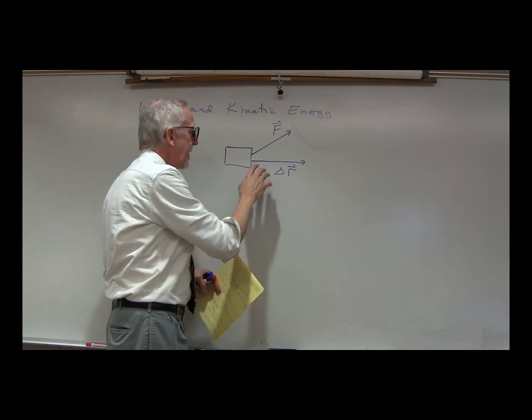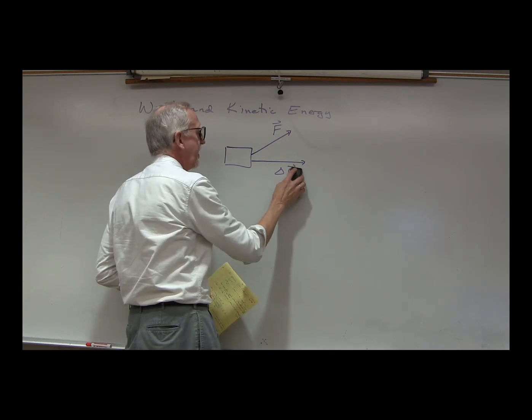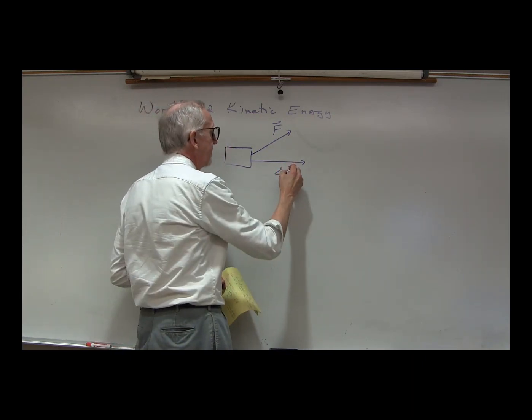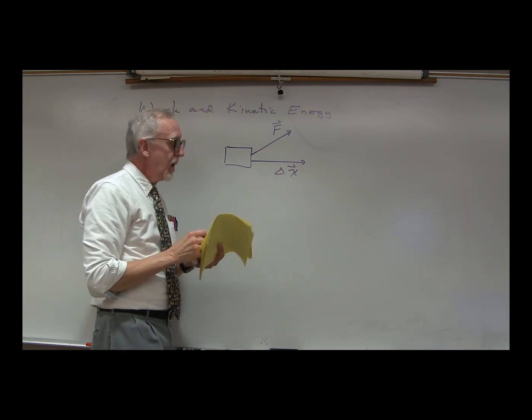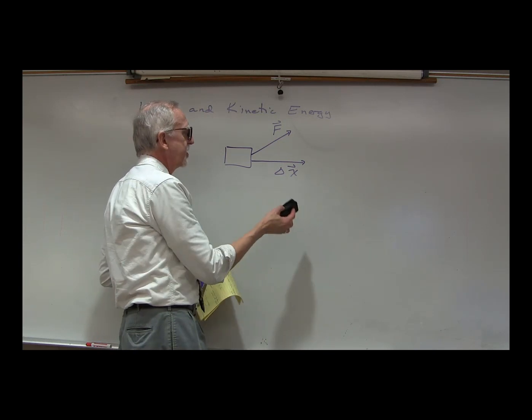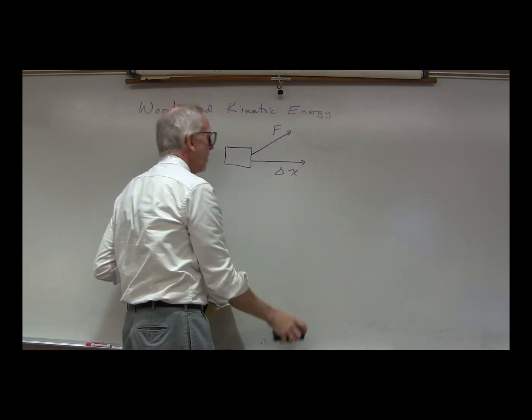So whatever the direction of the displacement, we're going to define as our x direction. So we can think of this as delta x. Now, because I'm only going to be using the magnitudes of the displacement and the force, let's not worry about these at the moment. Okay?